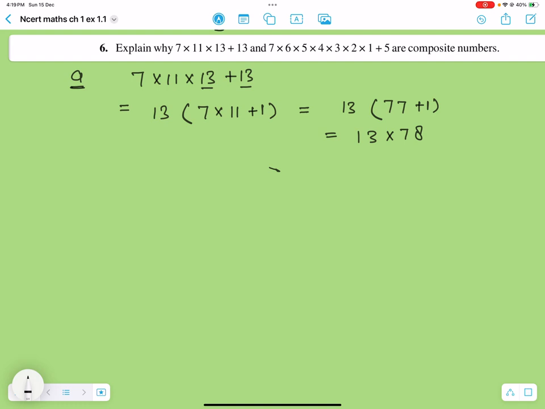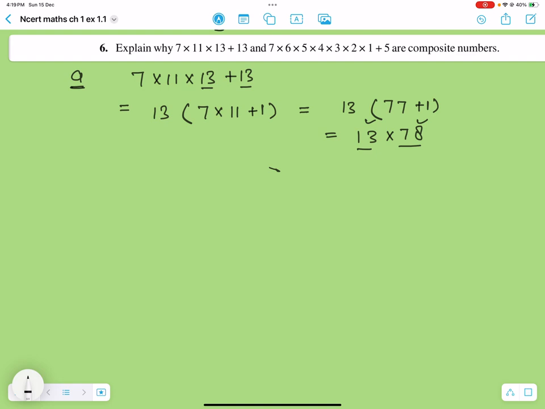If you look at this, the number has more factors than 1, and all the books say that if a number has more factors than that, it is a composite number. It has more than one factor, 13 and 78.